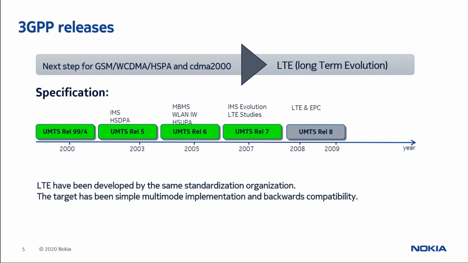So there came the idea of HSUPA, which catered to the uplink, or in your terminology, upload, high speed uplink packet access. And then you had MBMS, multimedia broadcast multicast service. This is basically for broadcasting from government services to end users or citizens in a particular area in the event of a calamity, such as a cyclone, broadcasting information that you would like to have. That is possible using MBMS technology.